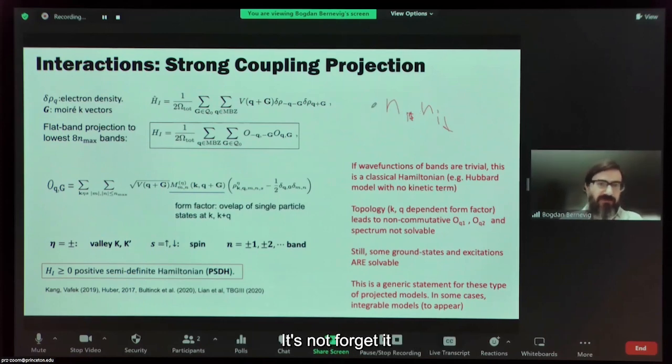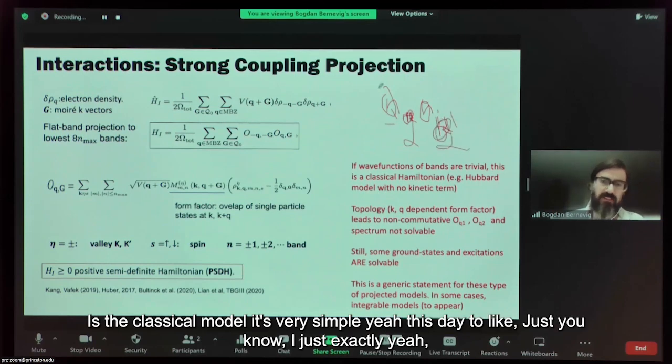Now, the only difference in these models, and what makes them non-trivial, is that when they're projected, these operators become, call them O_R, and they don't commute anymore. Or in momentum space, O_Q, and the Hamiltonian in momentum space is O_Q O_{-Q}. There's a Fourier transform of the projected density, and these don't commute anymore because of the form factor.